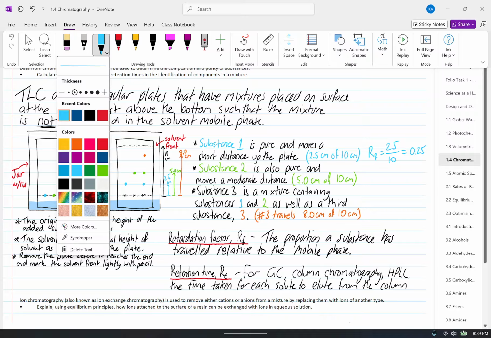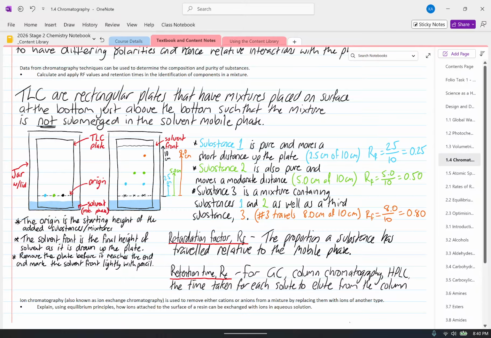That last substance is 8.0 out of 10, which is 0.80. So that means our orange third substance, which is in the mixture represented by the black dot with substances 1 and 2, travels 80% of the solvent front, and that is the case.